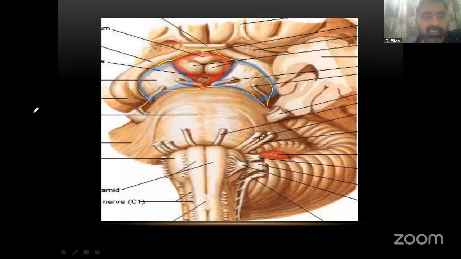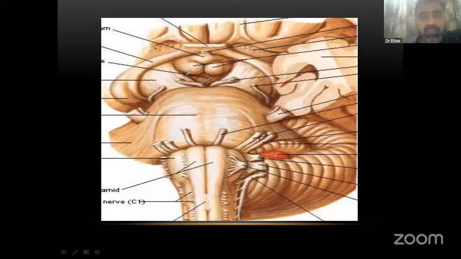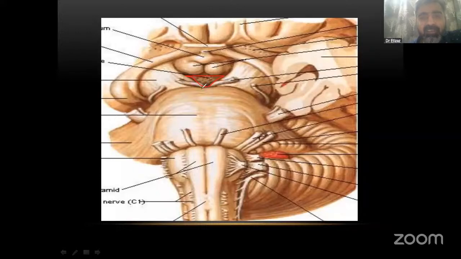Interpeduncular cistern, sir. Interpeduncular cistern. Excellent. Another importance? It's where the oculomotor nerve emanates from. Excellent. Look at here, this is the oculomotor nerve.